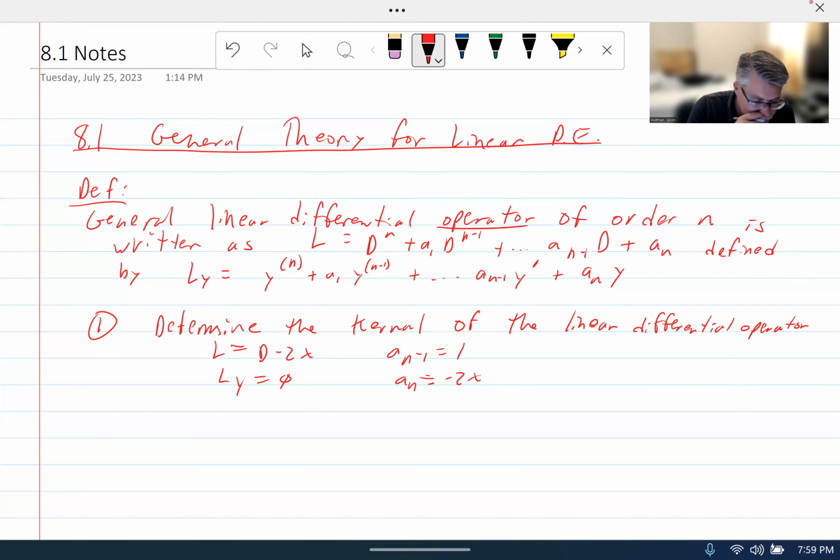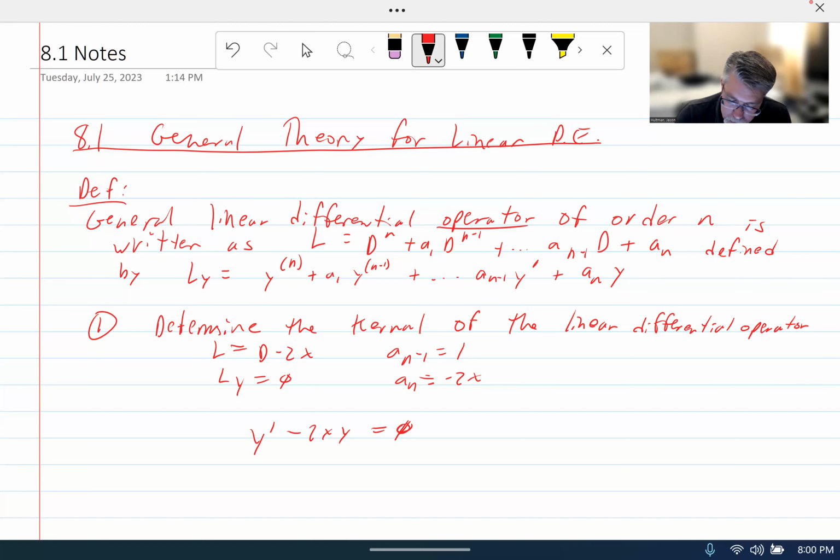So this would be 1 y prime, y prime minus, okay, minus negative 2x y, okay, minus 2xy is equal to 0. So that would have been my original linear differential equation.